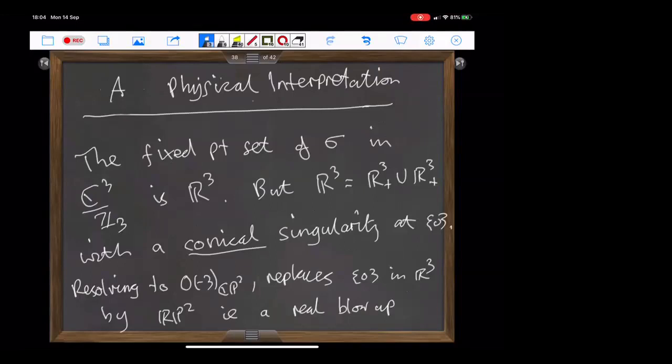You should really think of it as the union of two half copies of R3, which meet at a conical singularity at the origin of C3. When you resolve the ambient Calabi-Yau, it replaces the origin in R3 by an RP2. So essentially, one is doing a sort of real algebraic geometry blow-up procedure.